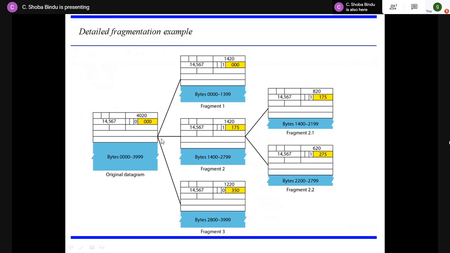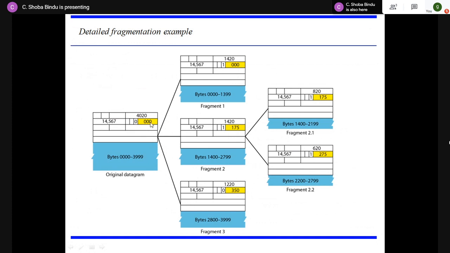At a particular network, if it is not supporting this size, 4020 is the size of the packet: the length of the data is 4000 and the header is 20 bytes. This is not supported at a particular router, so it has to be divided into 1400 byte segments each.